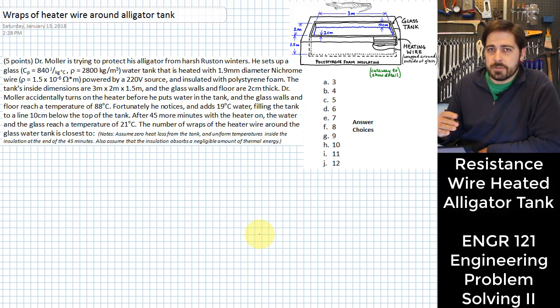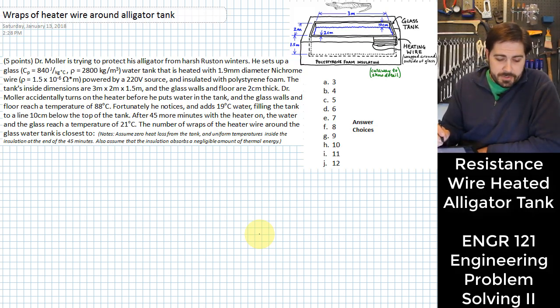The temperatures equalized. The heater kept on pumping heat into the system for another 45 minutes, and it approached an equilibrium temperature at the end. Our task is to use the information in this problem to determine how many wraps of wire, this heater wire, go around the outside of the glass part of this tank.